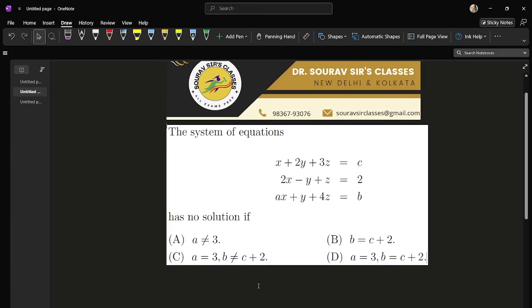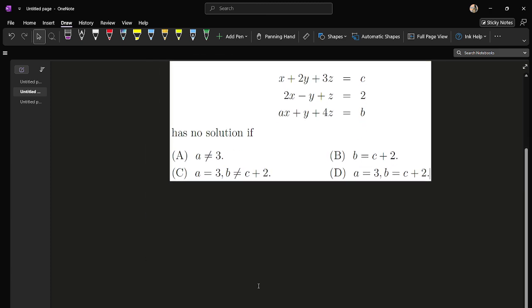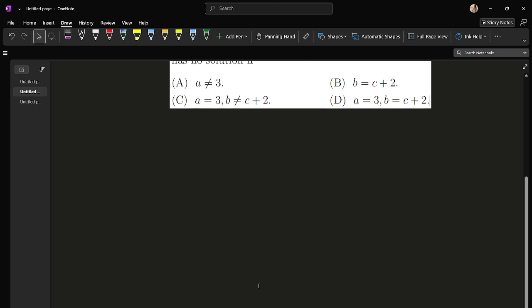Option A is a is not equal to 3, option B is b equals c plus 2, option C is a equals 3, b is not equal to c plus 2, and D is a equals 3, b equals c plus 2. So what can be done here?